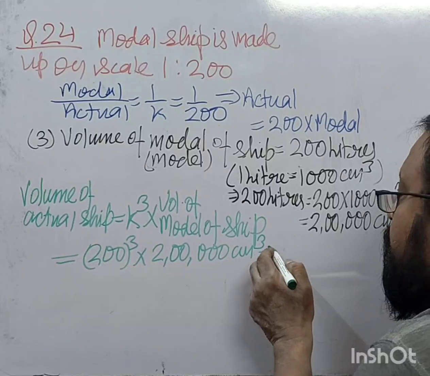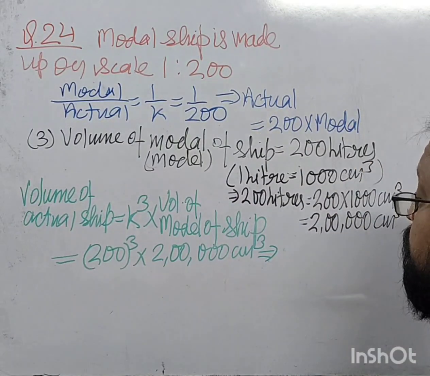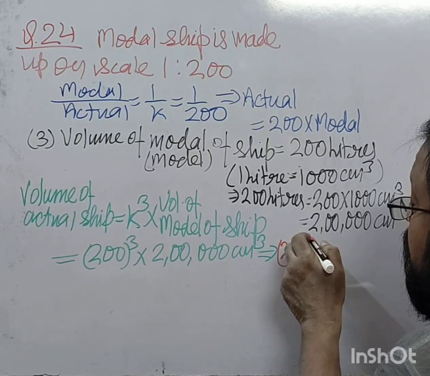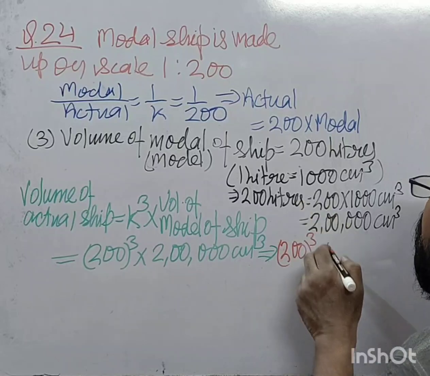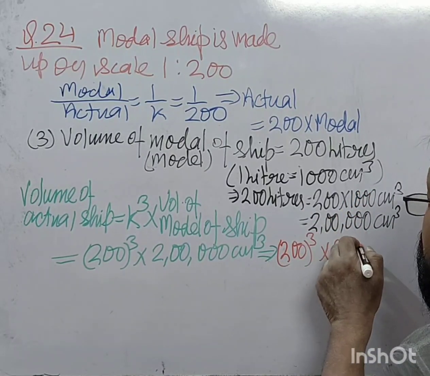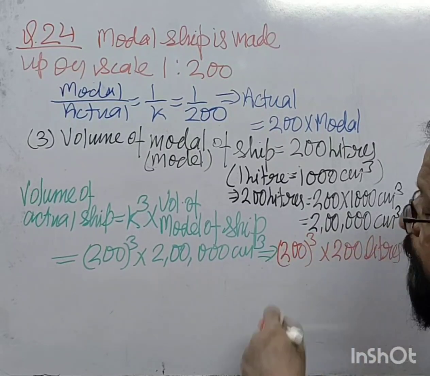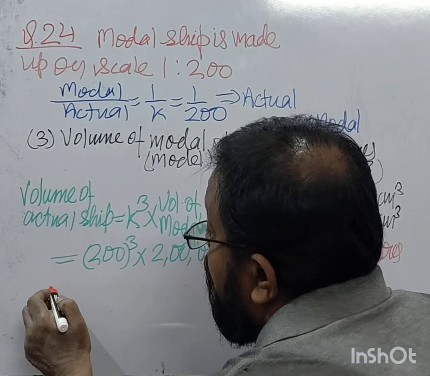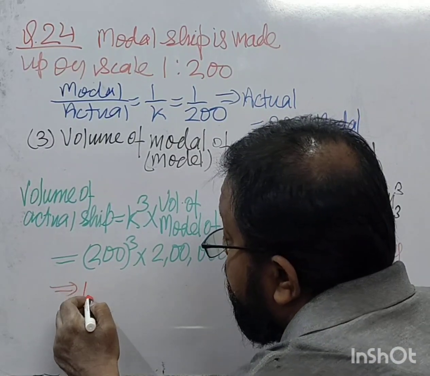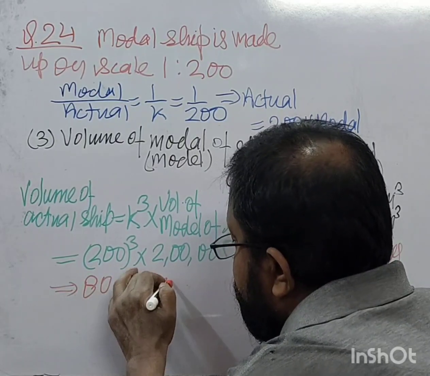Or you can write 200 cube into 200 liters, right? So how much do you get in that? 2 cube is 8 and we have 6 zeros.